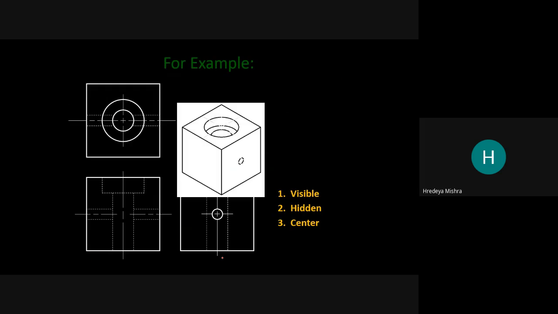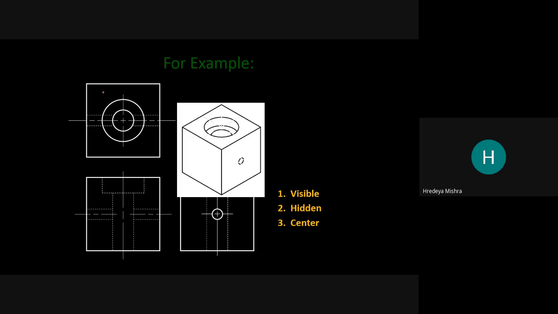Now for example you can see here, this is our object. We can say that on the top face is a square and a counterbore hole is there, and here two holes on this side.